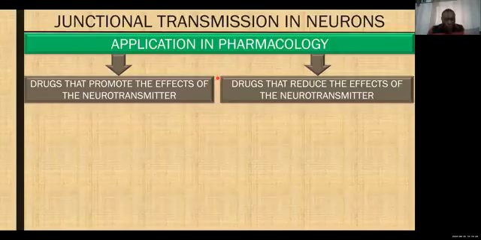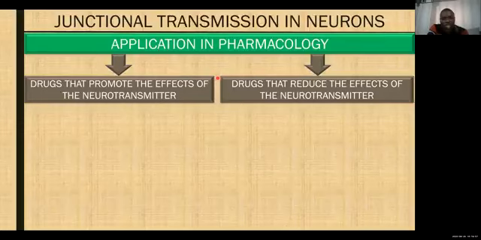Let's take an example of a chemical synapse that uses adrenaline as the neurotransmitter. In that previous chemical synapse we've described, suppose the neurotransmitter there is adrenaline, and that is part of the normal physiology of that particular region.